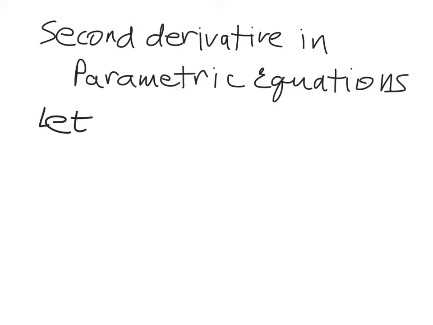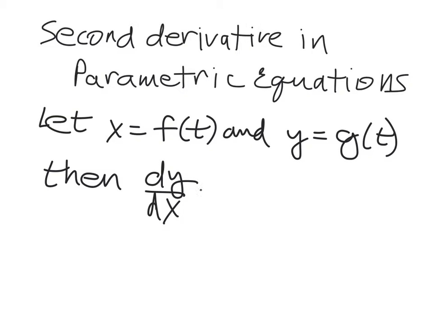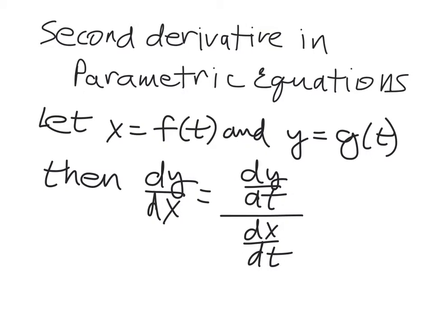So we let x equal f of t and y equal g of t. And our first derivative then, dy by dx, is dy by dt divided by dx by dt, or in the prime notation, g primed of t over f primed of t.